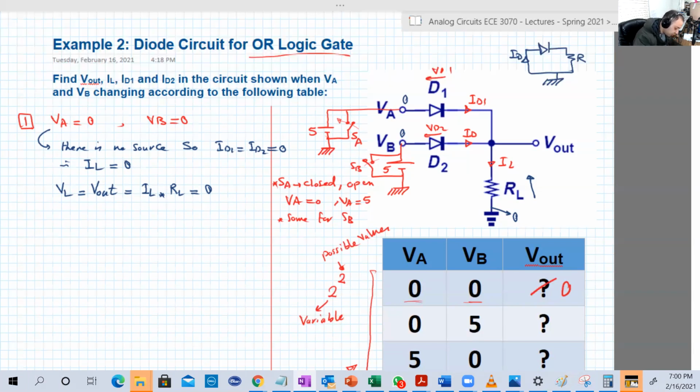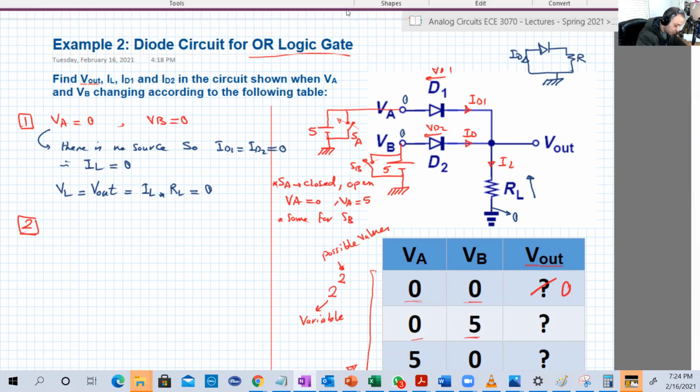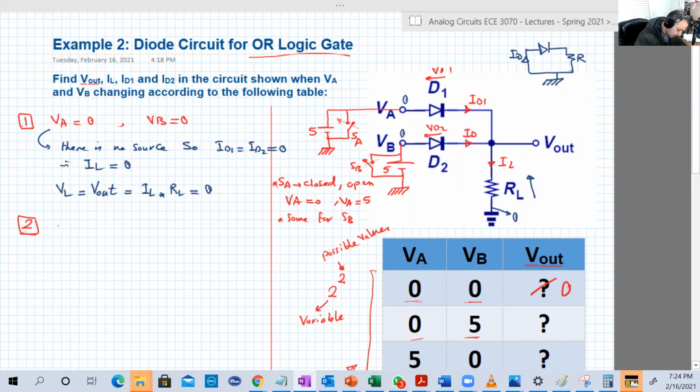Let's now solve number 2. Now in 2, VA is 0, but VB now is 5. Let's do it in another color, green for example. So now VA is still 0, but VB is now 5. What does that mean?